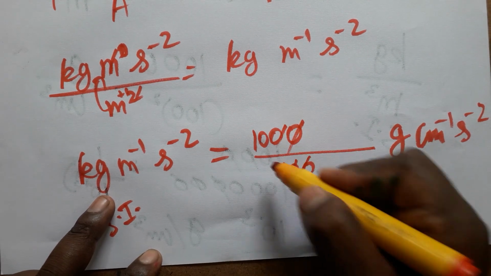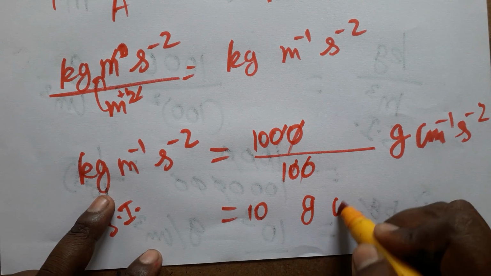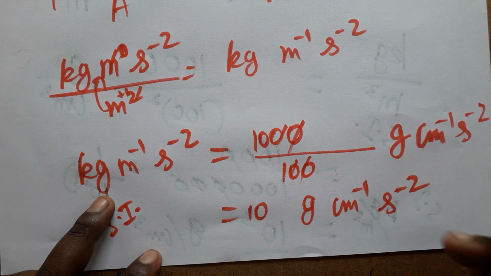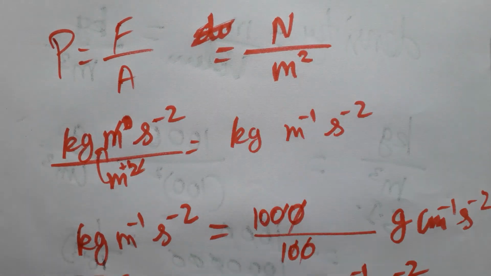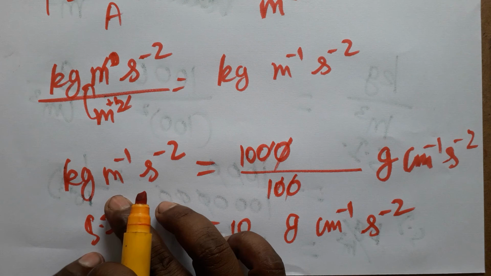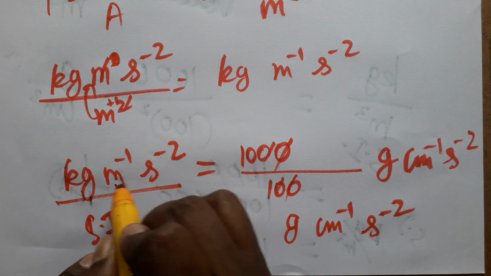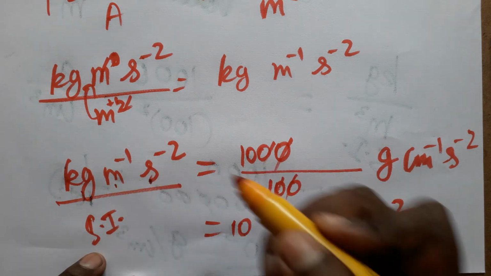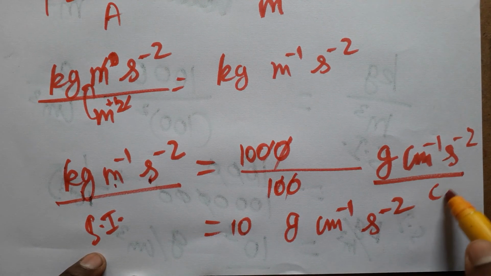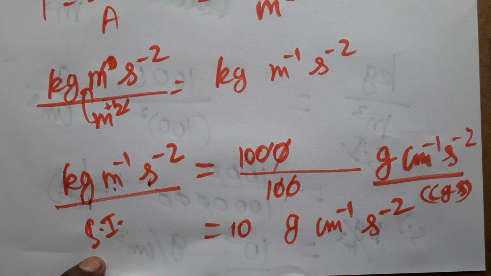So 2 zeros get cancelled, and we get 10 gram centimeter inverse second minus 2. So the pressure unit converted from the MKS system to the CGS system: in SI it is kilogram meter inverse second minus 2, and the same thing in the CGS system is gram centimeter inverse second minus 2.